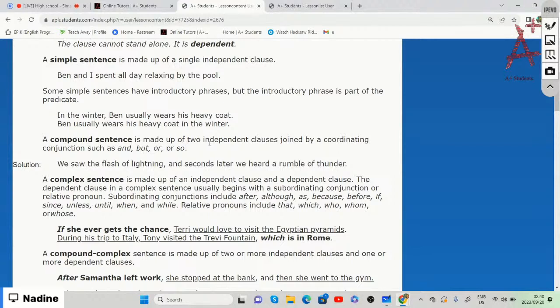And in this case, Ben usually wears his heavy coat in the winter. So you can either put the phrase there in front, in the winter, or you can say Ben usually wears his heavy coat in the winter.